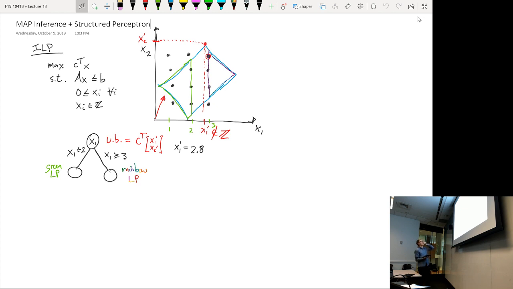Okay, so now on the left side, we're just going to explore the green LP. Okay? And if we solved it, we would get back a new solution to the LP, this time giving us back x1 prime prime and x2 prime prime. So here, for the green LP, our upper bound is going to be given by C transpose x1 prime prime, x2 prime prime.